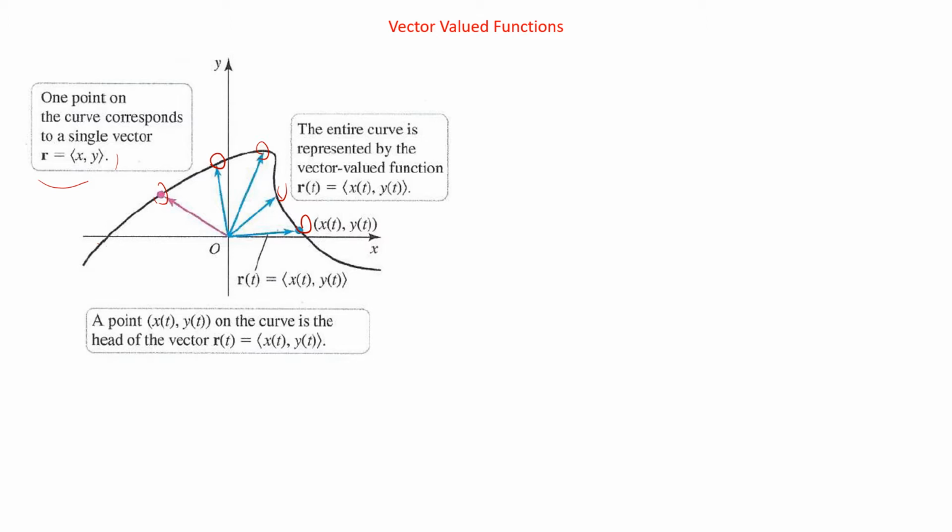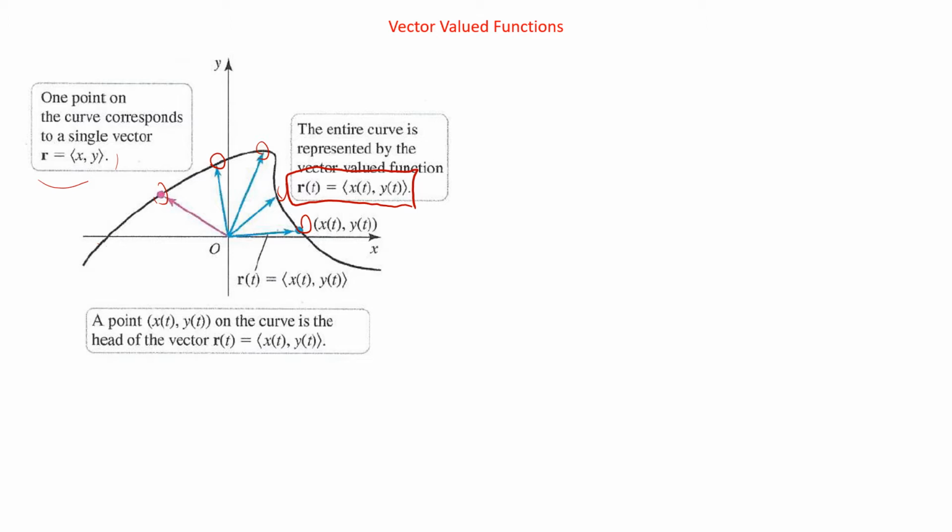So r of t would equal x of t, comma, y of t. And so x is changing and y is changing. How are they changing? They could be changing in a way that makes sense as a combination. They could be changing in a way that does not make much sense as a combination, but that's okay.